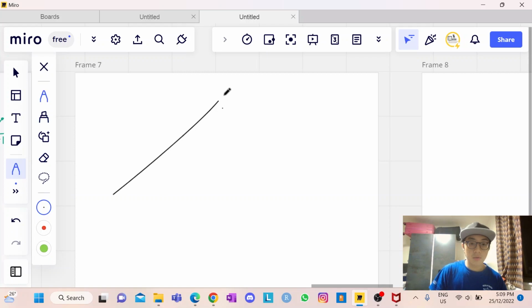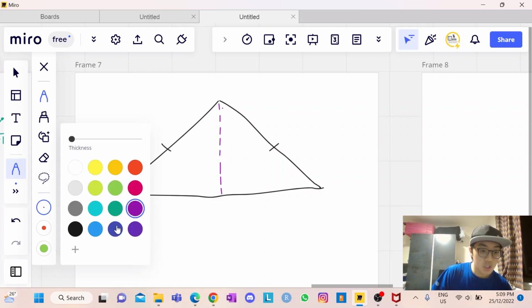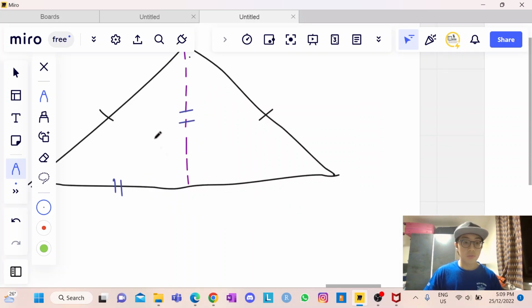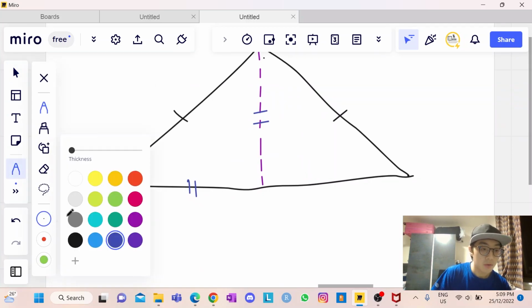The next thing we're going to draw is an isosceles triangle. It's a little bit difficult to draw a triangle. Same thing, it's isosceles, these two sides have the same length. When I divide this into half, assume these two have the same length and both of them have length 1.